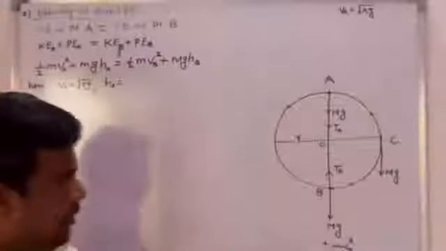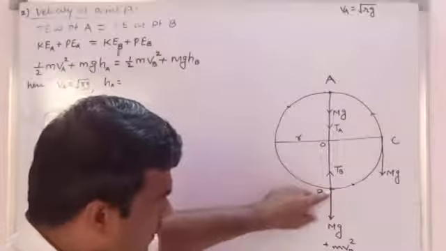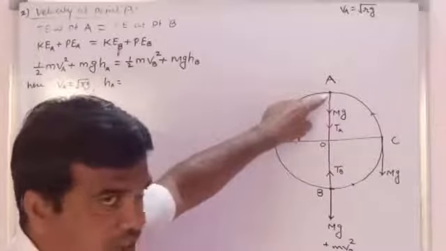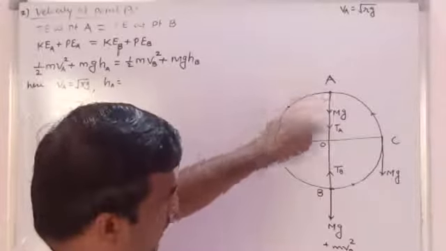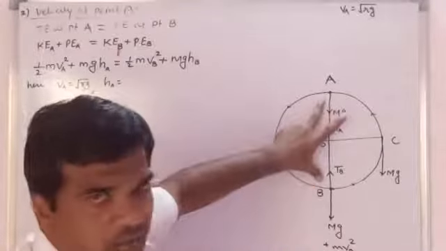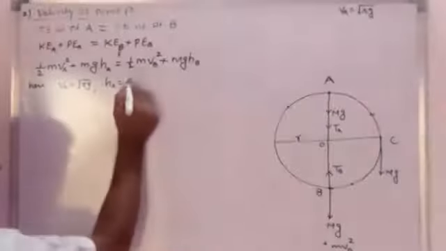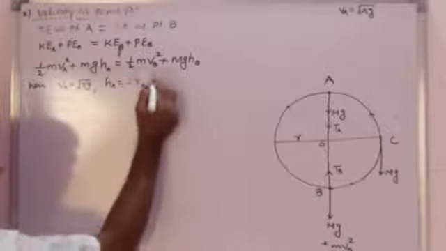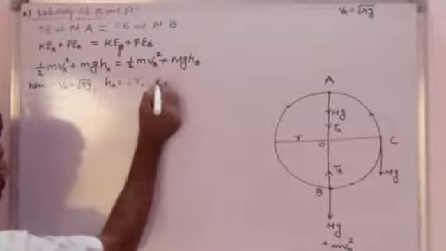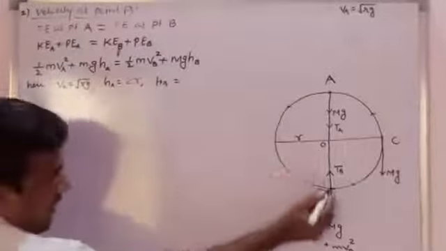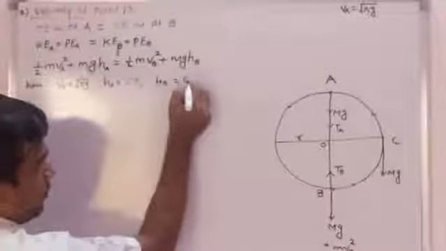Ha is the height of the particle A from the lowest position. This is lowest position, this is highest position, and the height of this particle A from B is nothing but twice r, means Ha is equal to twice r, and Hb, the height of this B from B, is equal to 0.